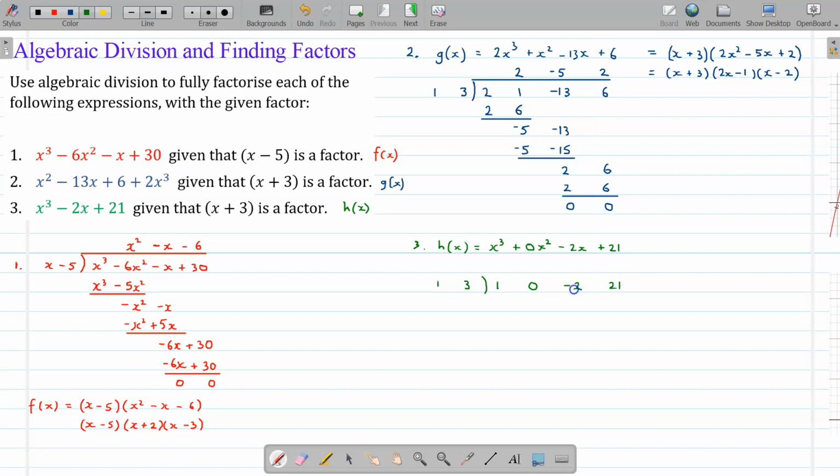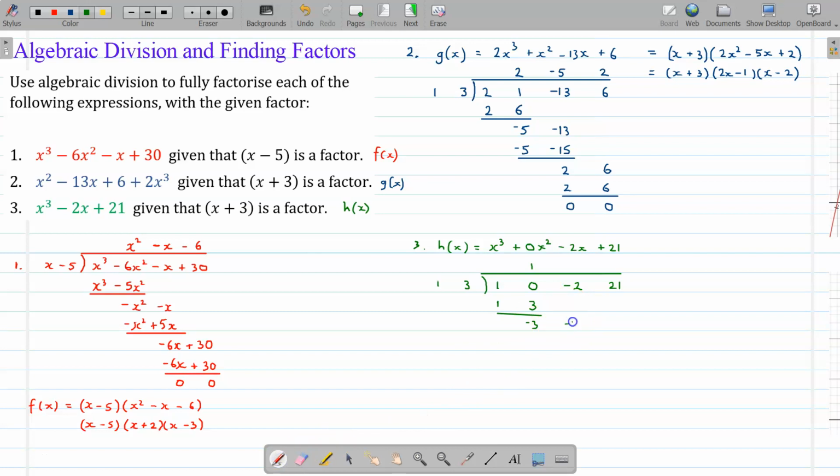So there's my 4 coefficients, including the missing x squared term. And then I do the same process I did up there. So 1, 3 into 1, 0 goes once. 1 times 1, 3 is 1, 3. Subtract: 0 take away 3 is negative 3. Bring down the next number, which is minus 2.